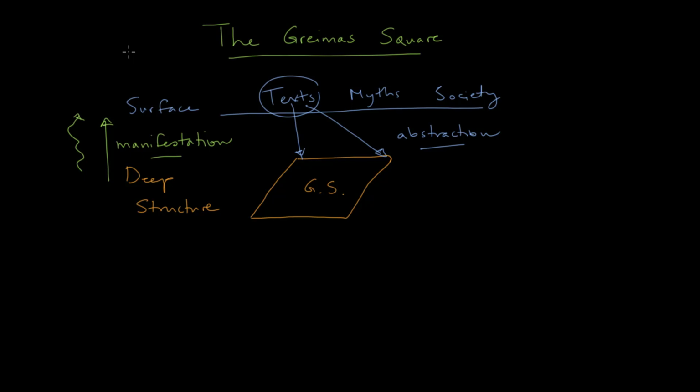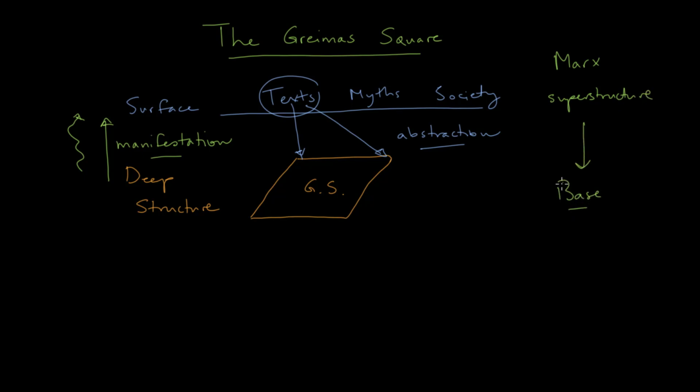All right, now there's also some similarity to somebody like Karl Marx, because if we think about this relationship between deep structure and the surface, it seems eerily similar to what Marx talks about. Marx talks about the superstructure, of course, right? And he relates this to the base.